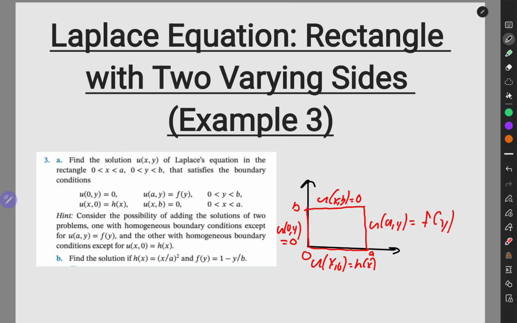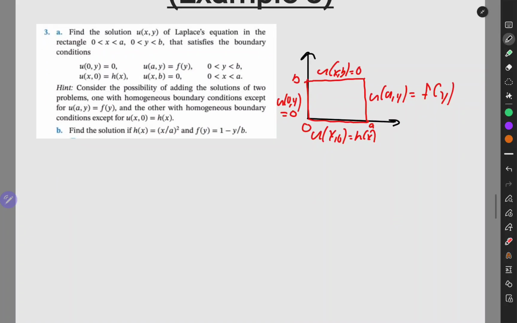Whenever you have a problem like this where you have more than one function or value on the outsides, you have to do what's called linear superposition.